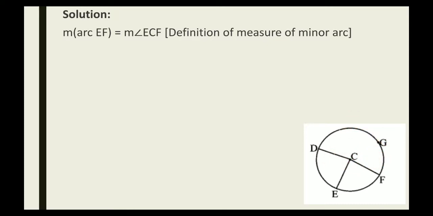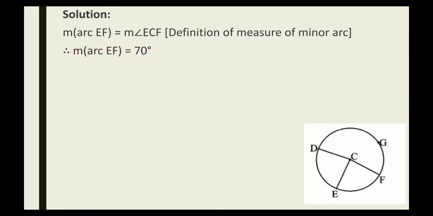Just now we learned that the central angle is equal to the corresponding minor arc, by the definition of measure of a minor arc. So we know that arc EF is how much, children?